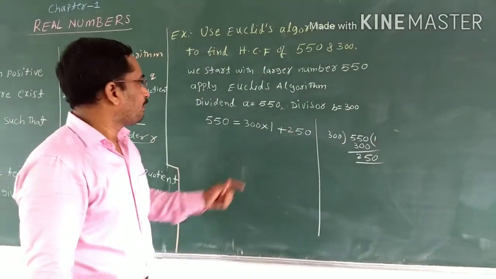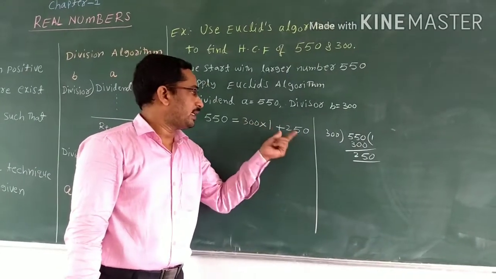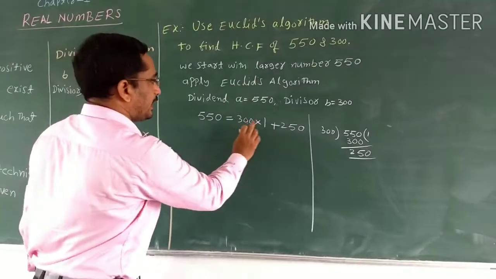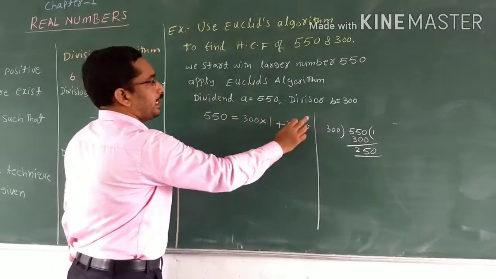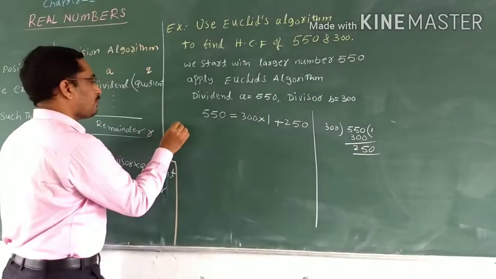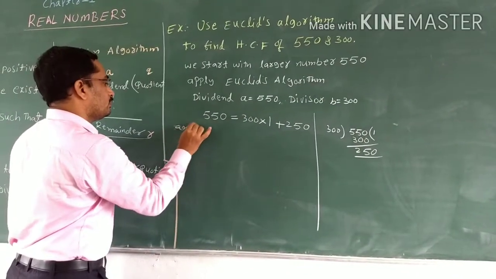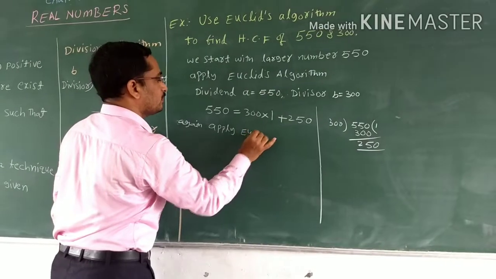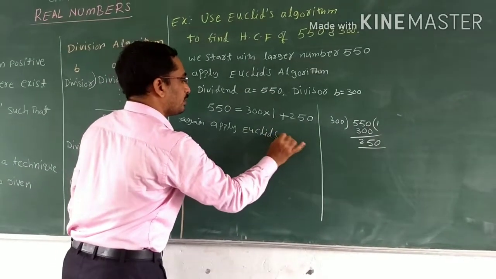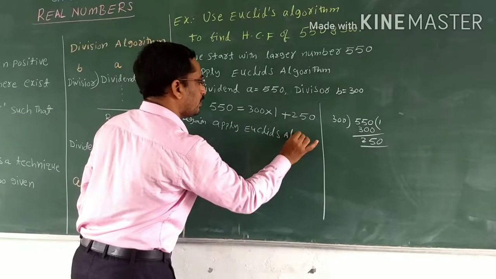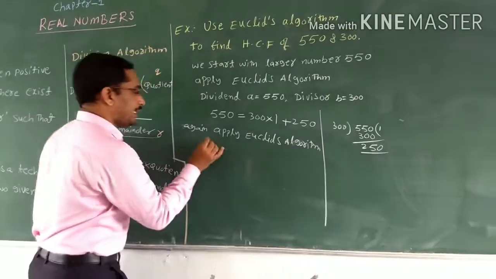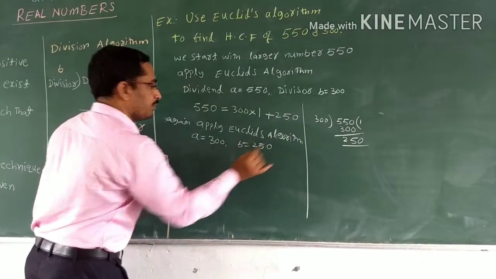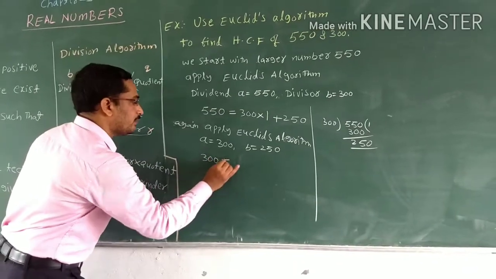Now again, the second step. See the right side, 300 and 250. The biggest number is 300. Again we apply the Euclid division algorithm by taking 300 as A, the dividend, and 250 as divisor. By taking A equal to 300 and B equal to 250, we have to express 300 in terms of 250.